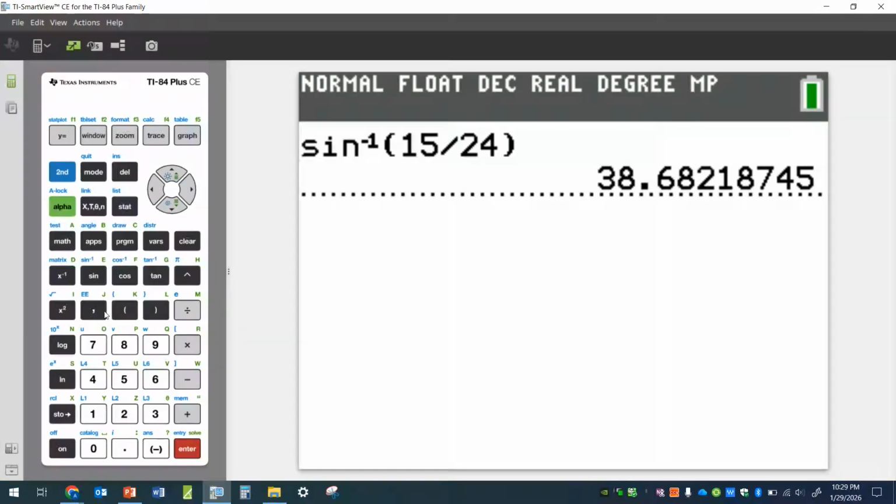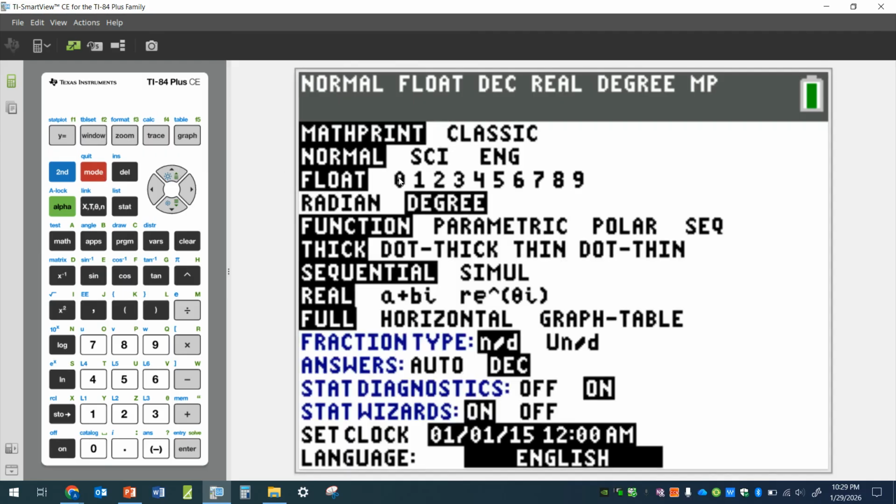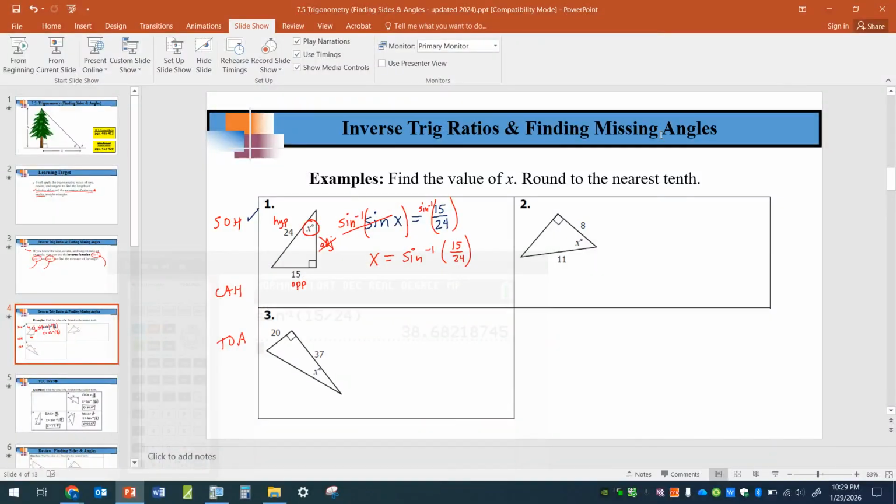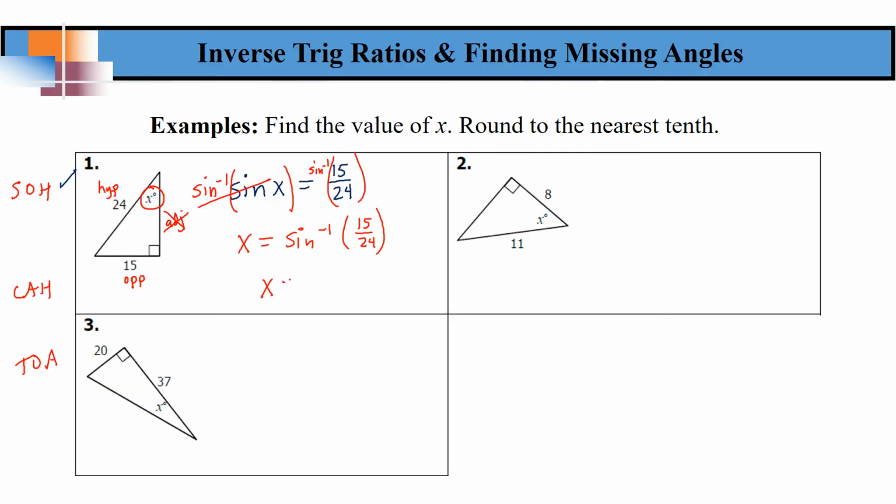Now, one additional thing, it is important to make sure that you are in degree mode, which you can either see right up here, or you can press the mode button and make sure that you're in degrees instead of radians. But if you are in degrees, you should have gotten an answer of approximately 38.7. So we can say that x is approximately equal to 38.7 degrees.